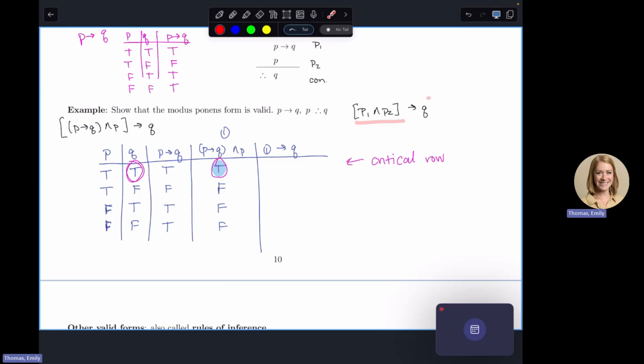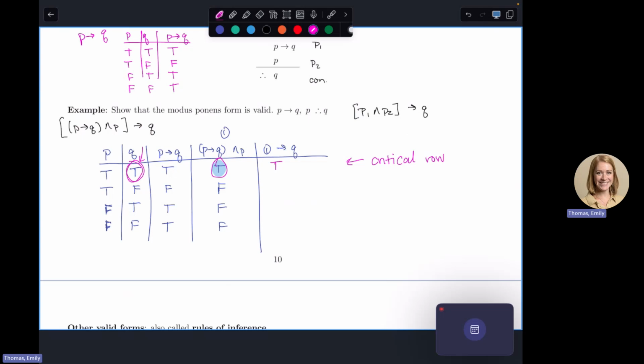Or, most of us are looking for shortcuts in our lives, right? Here is one. I don't have to do the whole truth table. I need to look at the critical rows and make sure the truth of the conclusion follows the truth of the premises. So the place where my premises are true is here, right? And I need to make sure the truth of the conclusion follows. And it does. So the fact that I get a true here does work. This is a valid argument then.